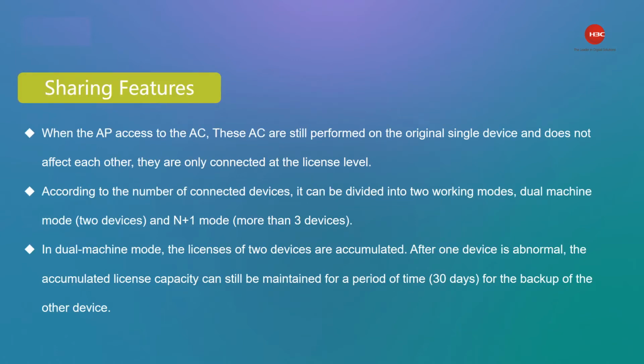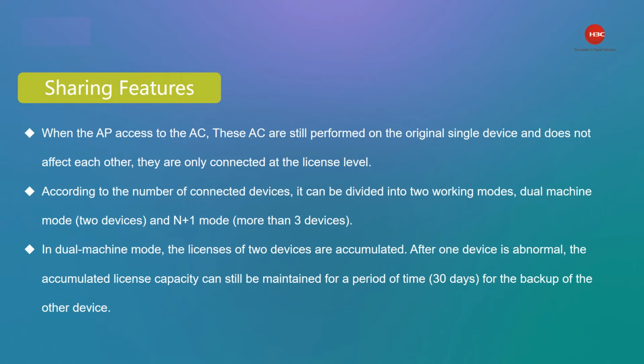The second solution is wireless license sharing. When the AP accesses the AC, these ACs are still operated as original single devices and don't affect each other. They are only collected at the license level. And the license sharing is divided into two working models according to the number of connected devices, including dual machine model and N+1 model.